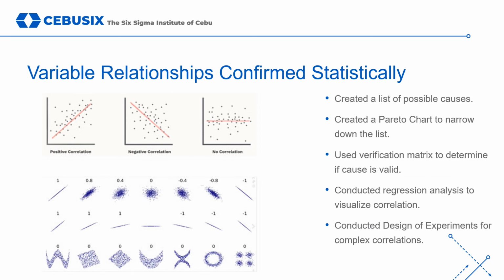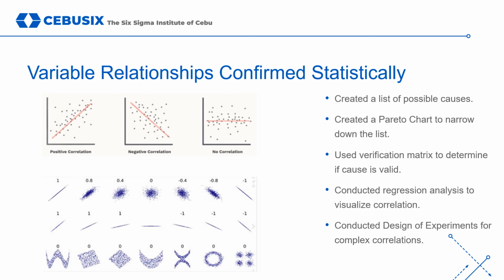And of course, always remember that you need to verify everything with statistics. The major difference between Six Sigma and virtually all other quality programs and methodologies is that we seek to conform to the scientific method, and that requires all decisions to be verified with statistics. In the analyze phase, we will start with a fishbone diagram to create a list of all possible causes, and then we narrow down that list using a Pareto chart, leaving us with the vital few.